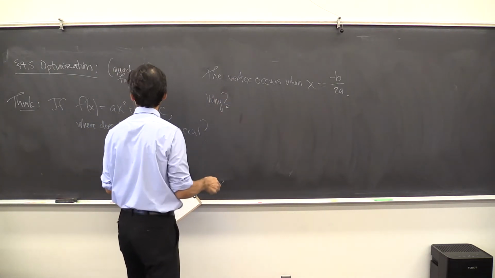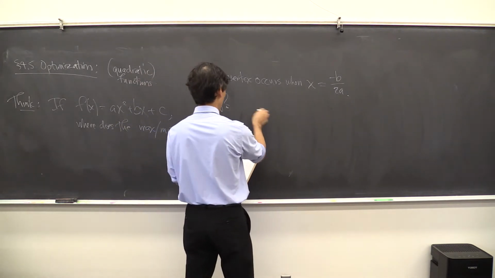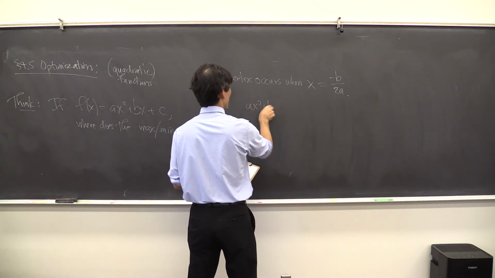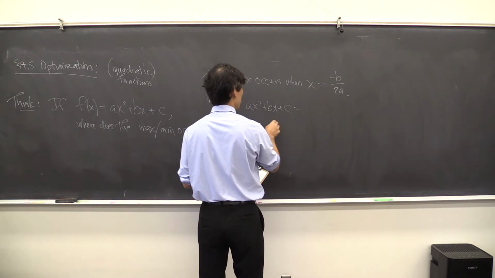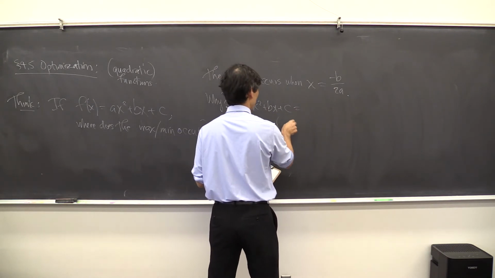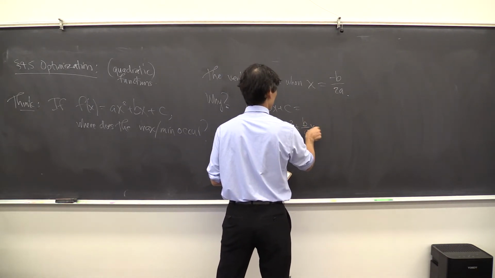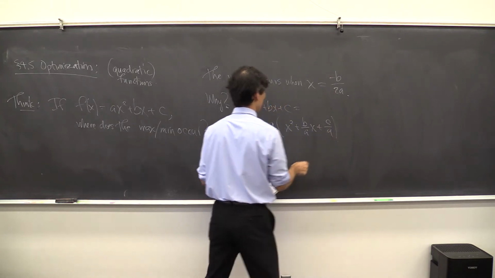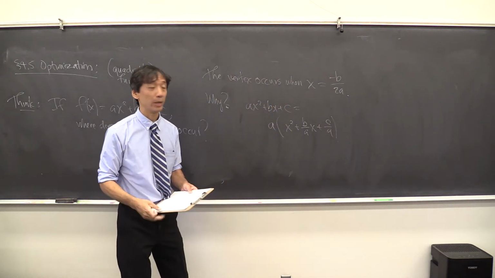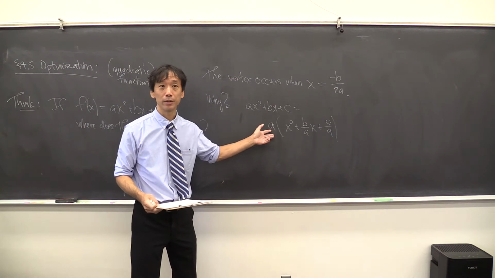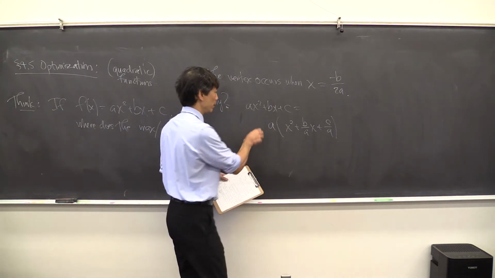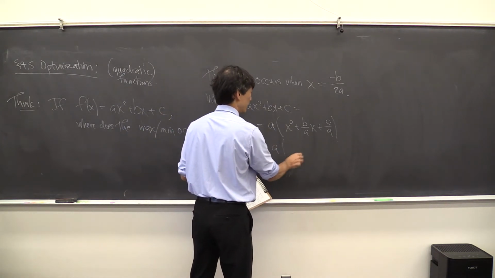Well, we can work it out just using completing the square, right? So ax squared plus bx plus c is the same thing as a times x squared plus b over a x plus c over a. You factor out the a, and then you do completing the square on it.